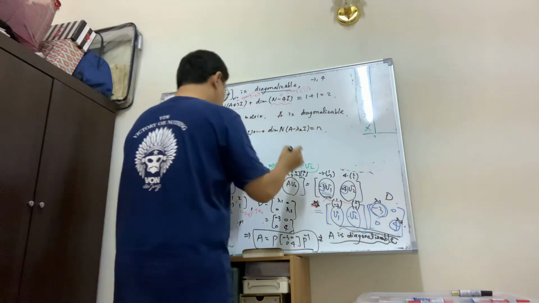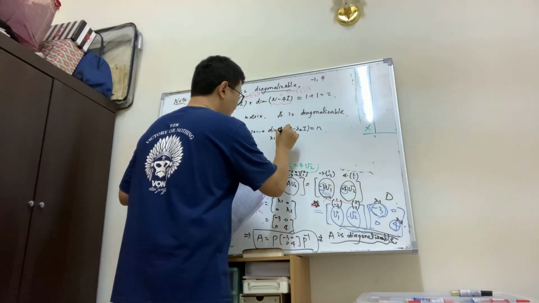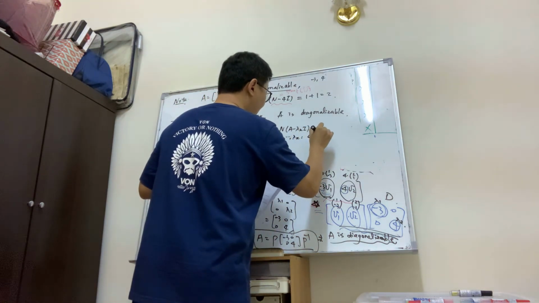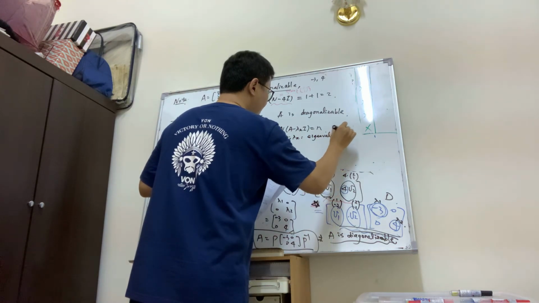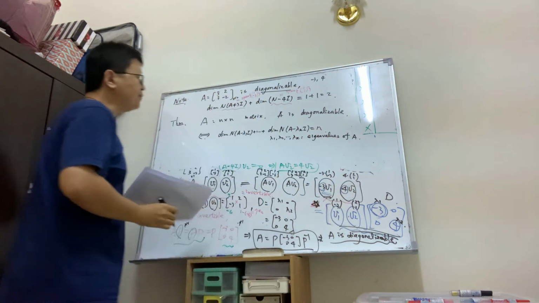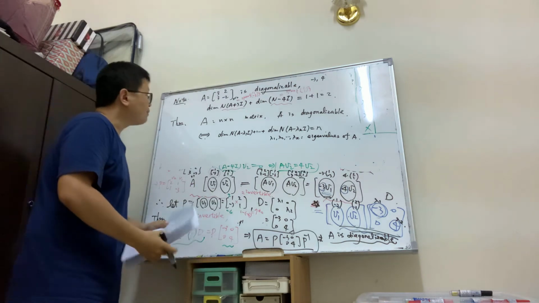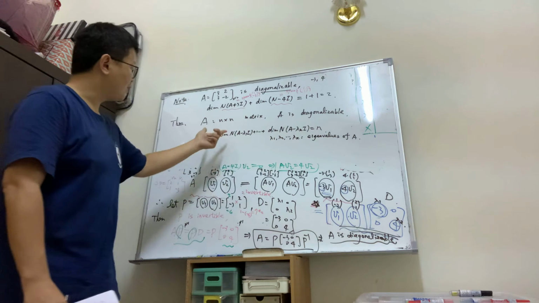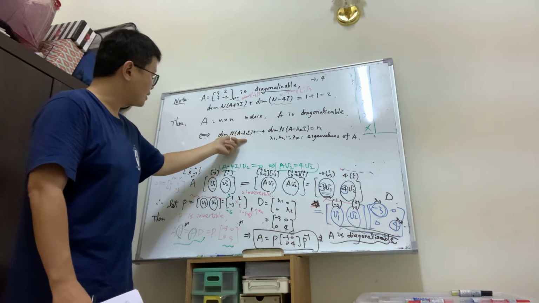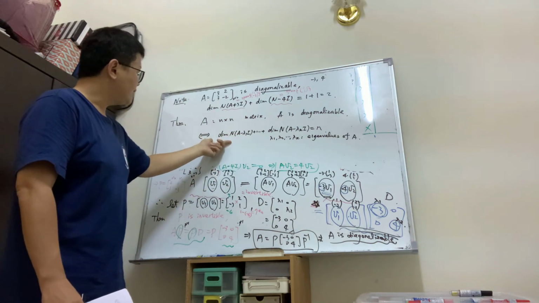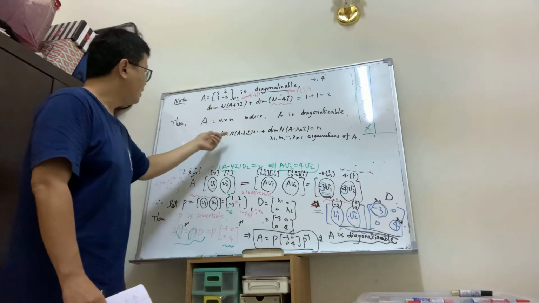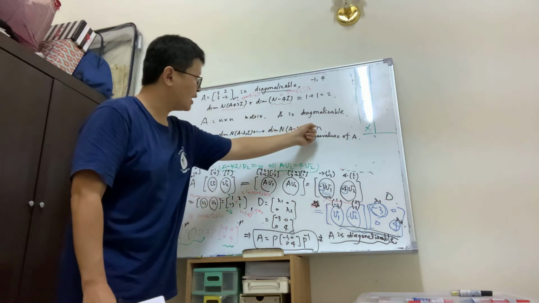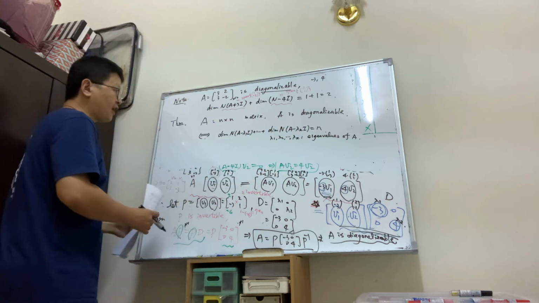Here lambda 1 to lambda K are the eigenvalues of A, counting multiplicity, they have K eigenvalues. For each lambda K, we have some null space, which is a space of vectors, so it has a dimension. Once the sum of their dimensions equals n, then this matrix A is diagonalizable.